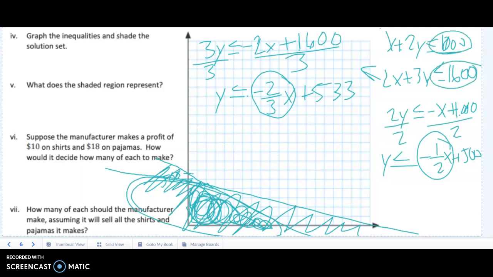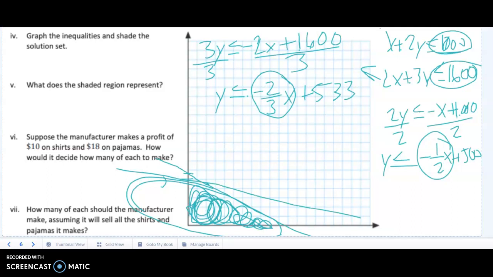Okay, so anything that both of them satisfy under that. Something like that. So only this portion under here where they're both less than.